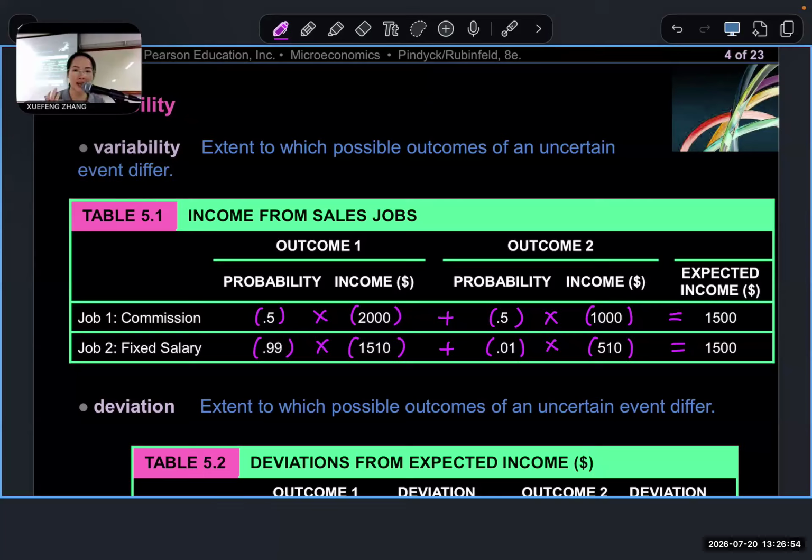Use your calculator. Job 1 commission based, 50% of 2,000, 50% of 1,000. Big swing, right? Big swing.